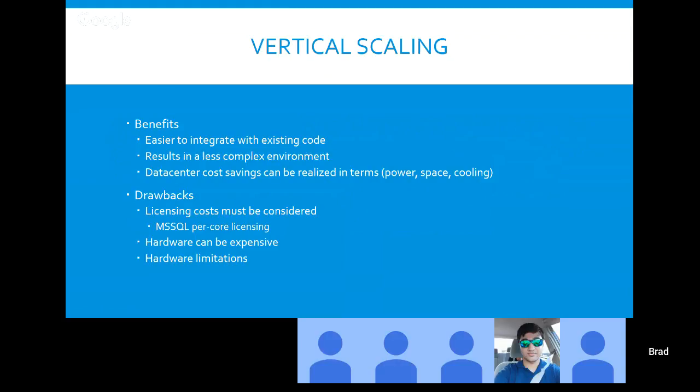Whenever you would add hardware, add CPUs, you would have to account for those and possibly purchase more licensing. The hardware required to run these high-end systems can be quite expensive. And even with the high-end hardware, they do have limitations, even though they may be vast. There are still limitations.